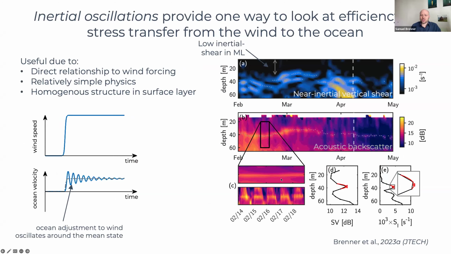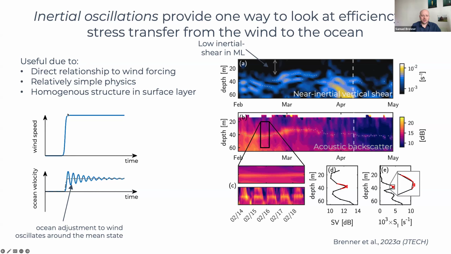And inertial oscillations are really useful for understanding stress transfer because they can help us think about how that stress transfer is impacted by the ice. And the reason for that is because there's really direct relationships between the wind forcing and the inertial oscillations. And so sort of schematically down here, these inertial oscillations are part of a transient response.